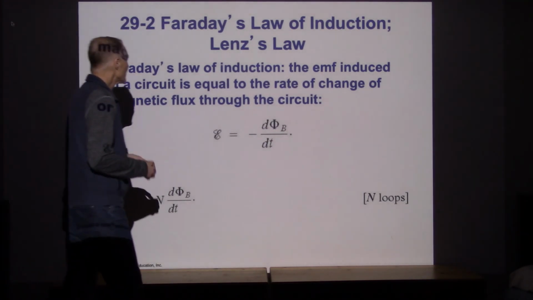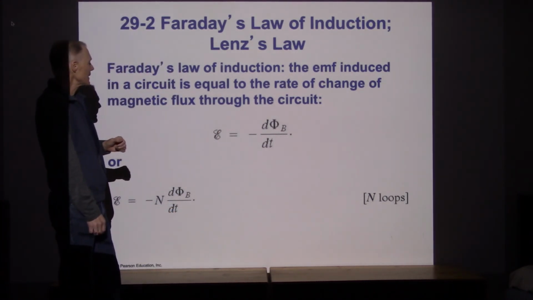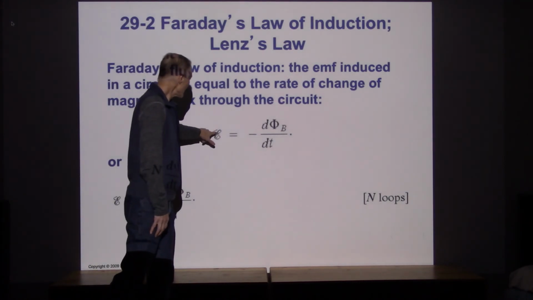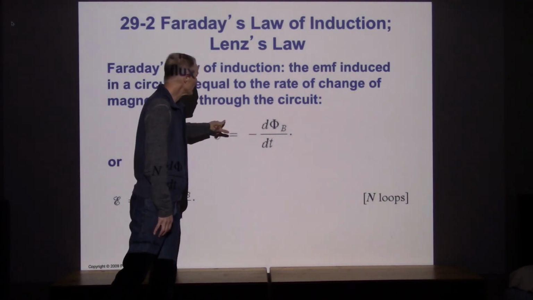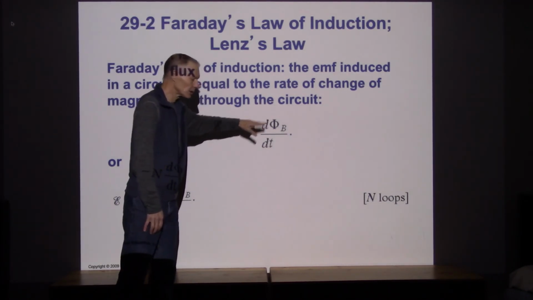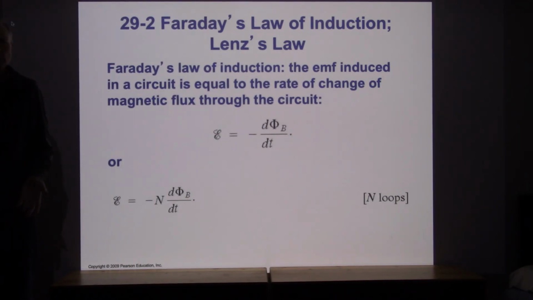And what Faraday's law tells us is that there's an EMF, and there's my fancy EMF symbol. The EMF can actually be shown to always be correlated with some kind of a change in magnetic flux. So that's kind of interesting.